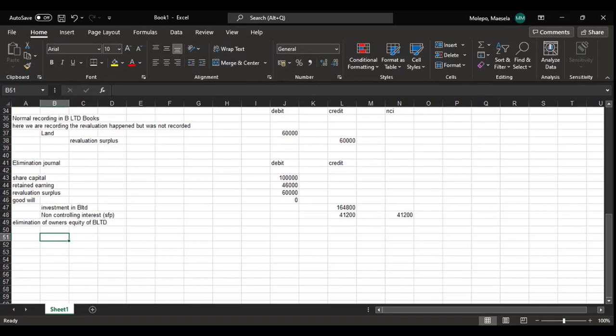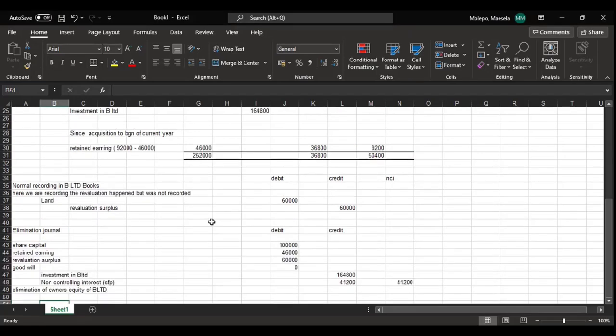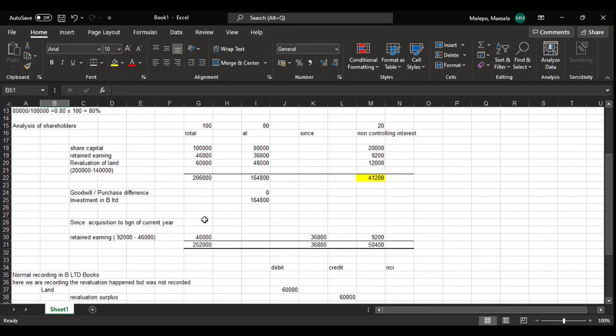Yes, sir. Okay. Now we're going to go to the second columns, or the second journals. Now there was a journal in B Limited for the retained earnings. So that retained earnings, remember, we took here. This part is eliminated, fine, during the date of acquisition.